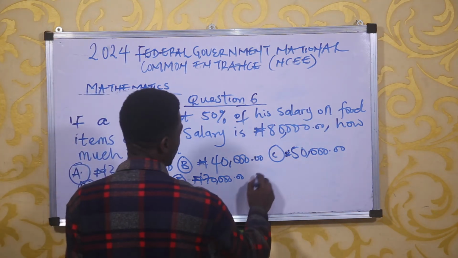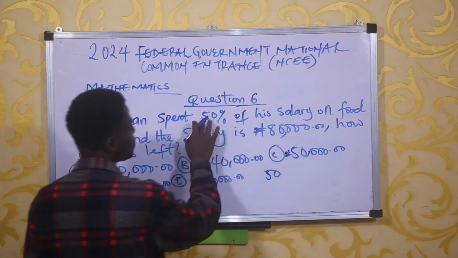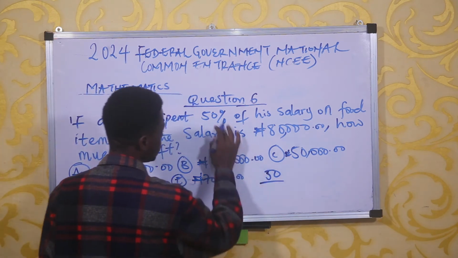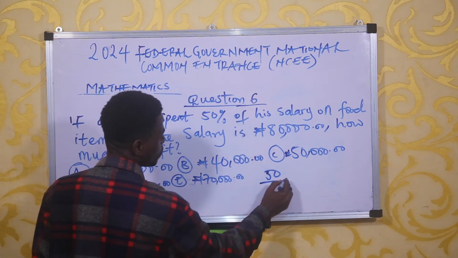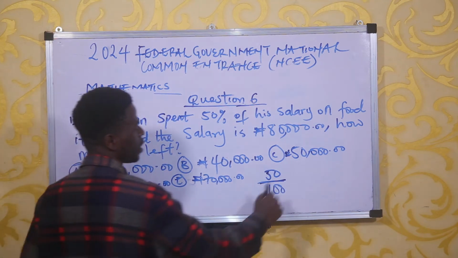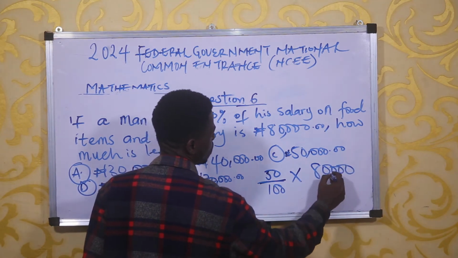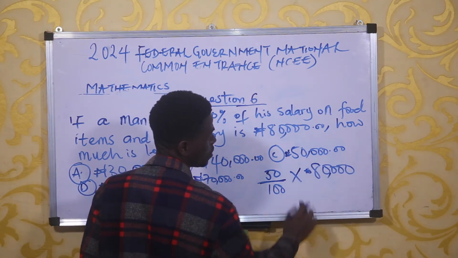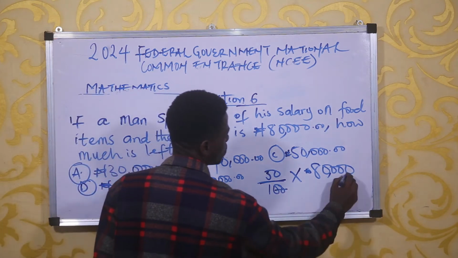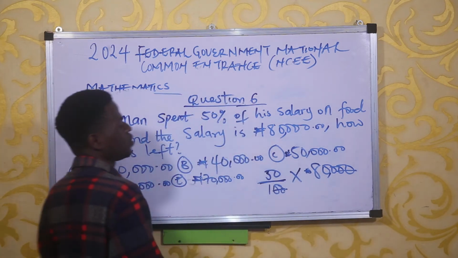So how do we do this? This is 50%. The 50% means 50 over 100, out of the salary, that's times 80,000 naira. So we cancel these two zeros.